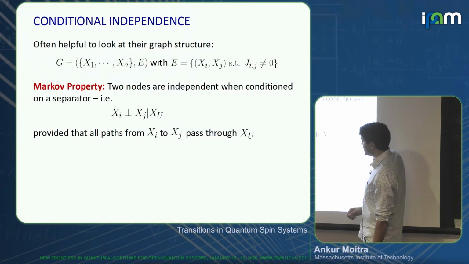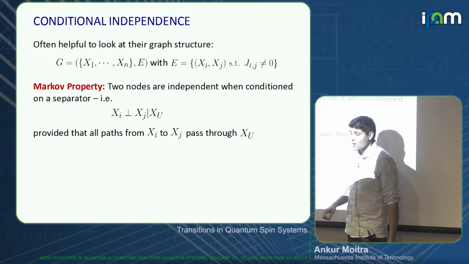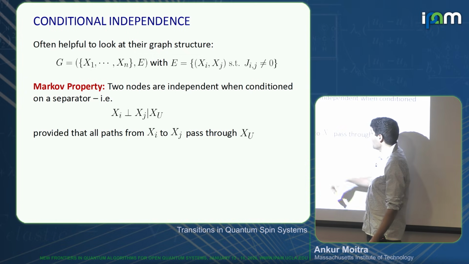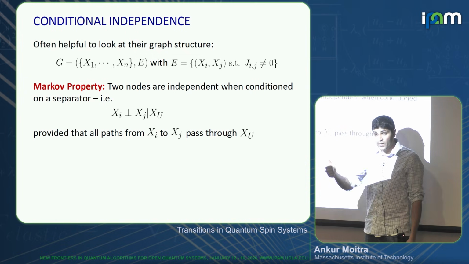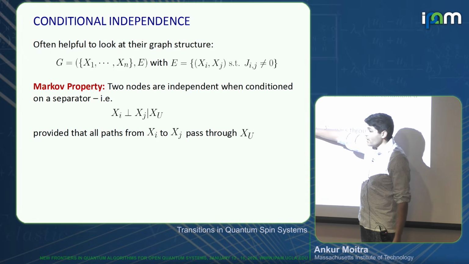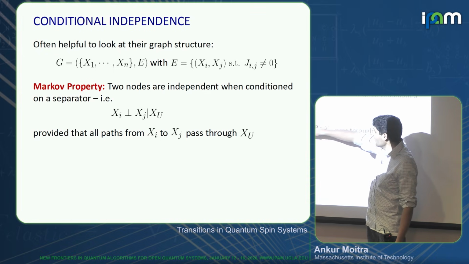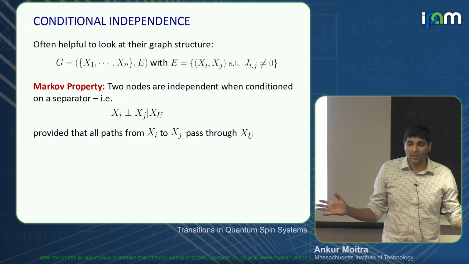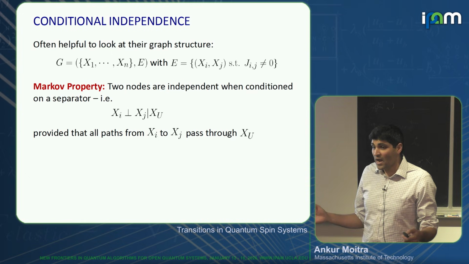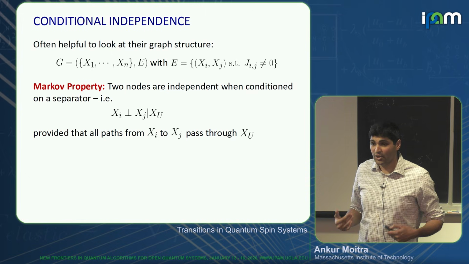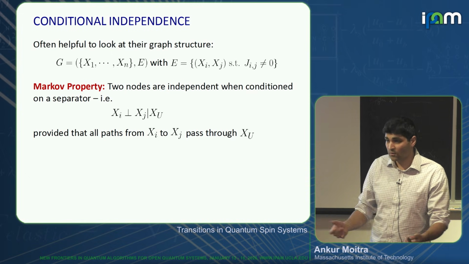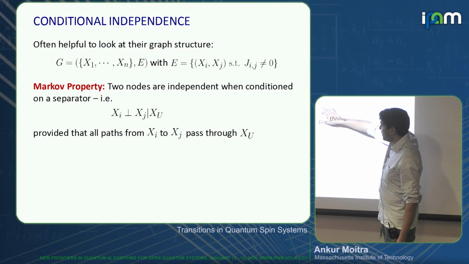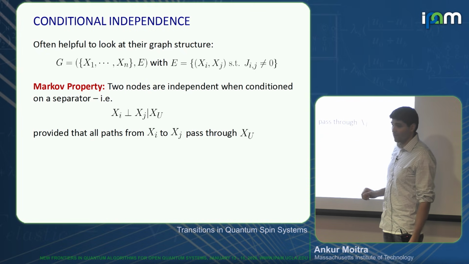So the way that this works is that if you're given two spins, I want to figure out whether the spin at site i is pointing up or down. I want to figure out whether the spin at site j is pointing up or down. In general, they won't be independent, but they'll have a lot of nice conditional independence properties. So if you tell me some other spins in my lattice, then it might turn out that based on what you've told me, i and j are now independent, right? And so the critical point is that this Markov property comes from the separators of the graph.